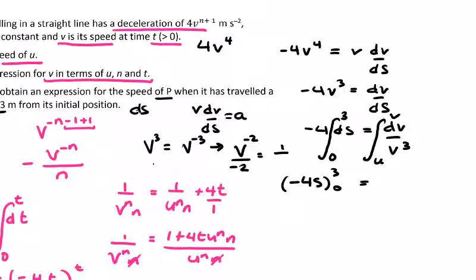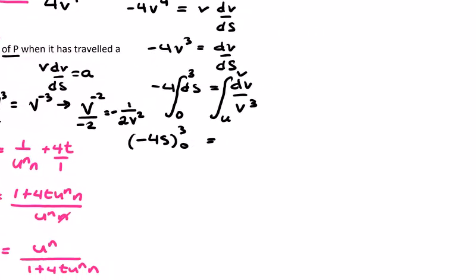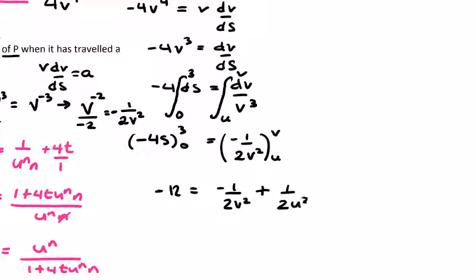This is equal to minus 1 over 2v squared, looking at the minus in front. So it's minus 1 over 2v squared between u and v. We get minus 12 is equal to, putting v in, minus 1 over 2v squared, minus minus 1 over 2u squared.